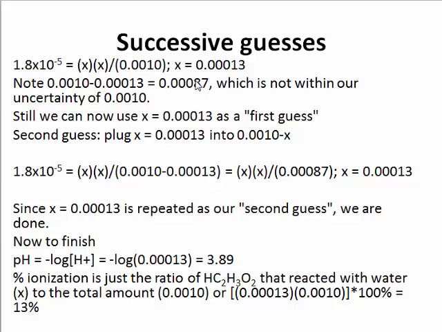In other words, this would round to a different value than 0.0010 if we use the correct number of significant figures. I should write this 0.0009.